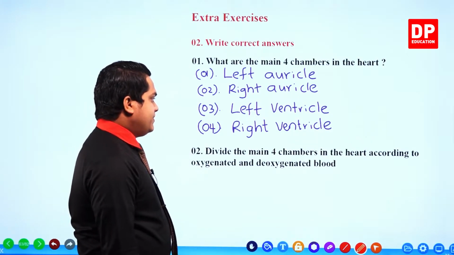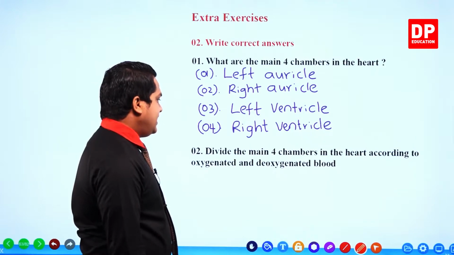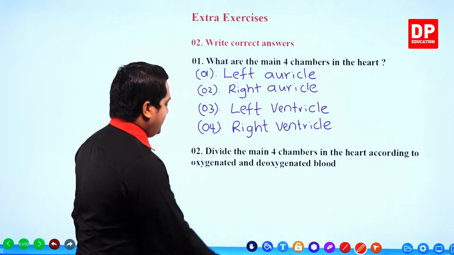Divide the main 4 chambers in the heart according to oxygenated and deoxygenated blood.